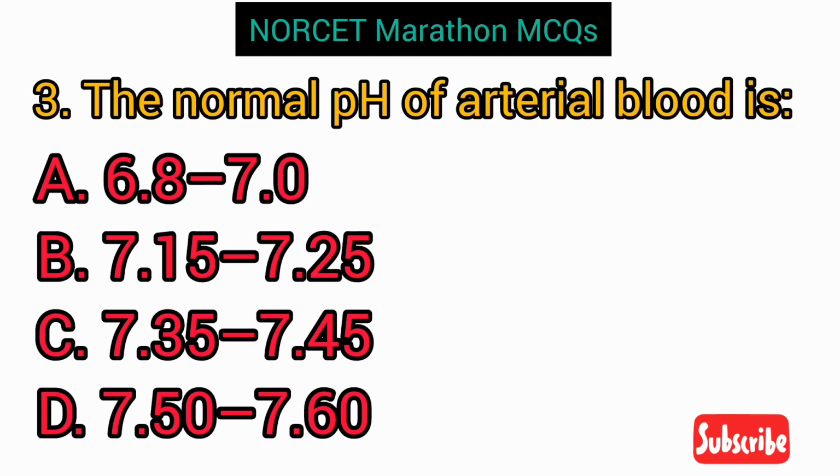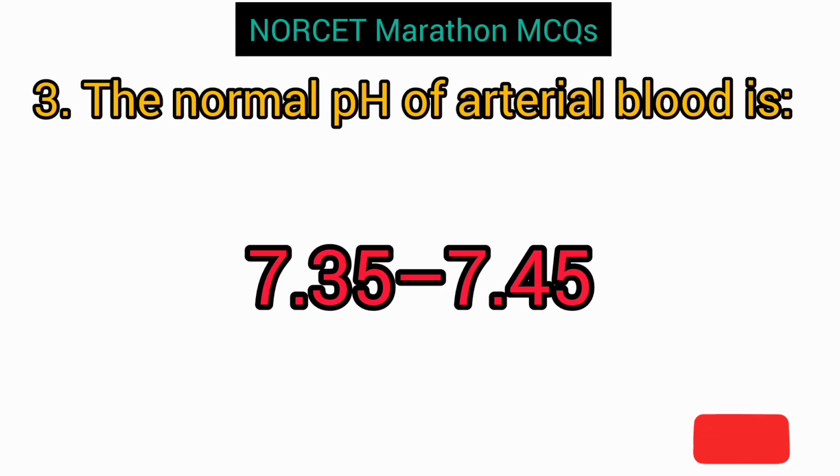The normal pH of arterial blood is 7.35 to 7.45.